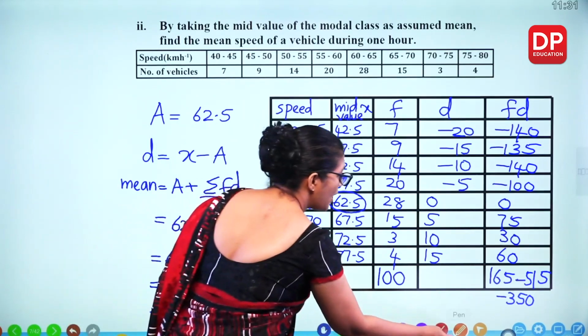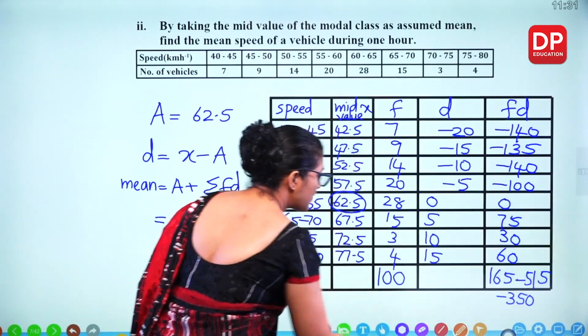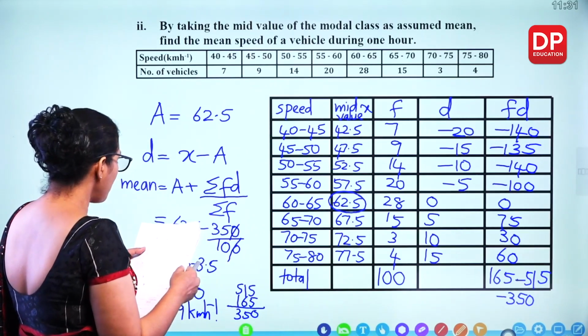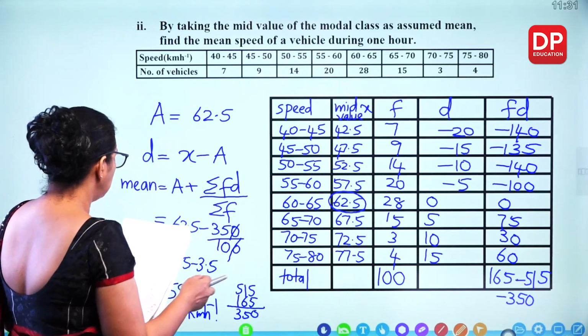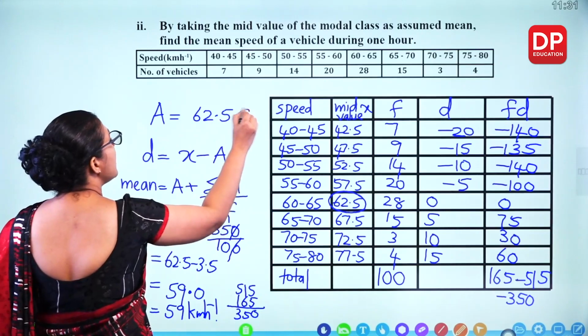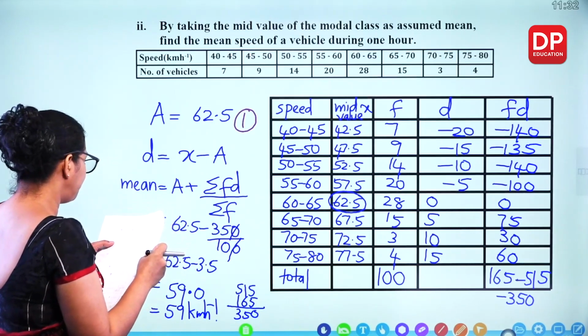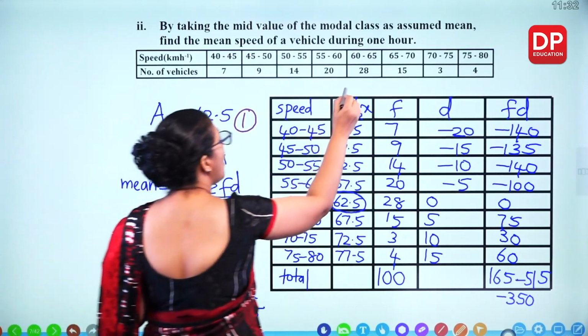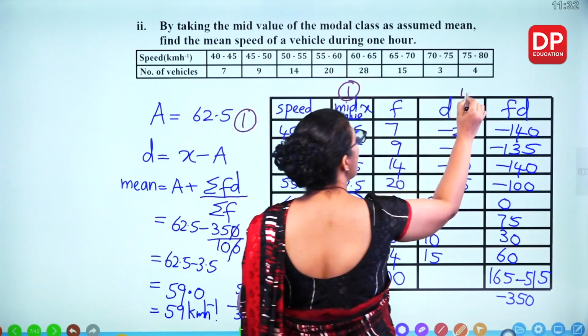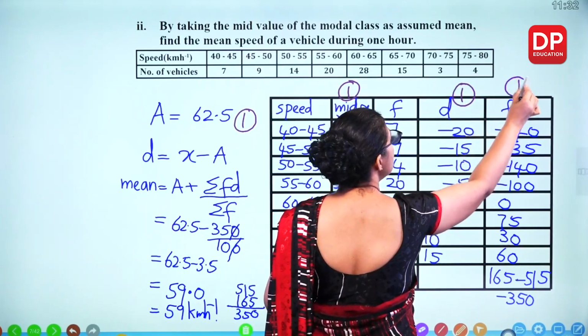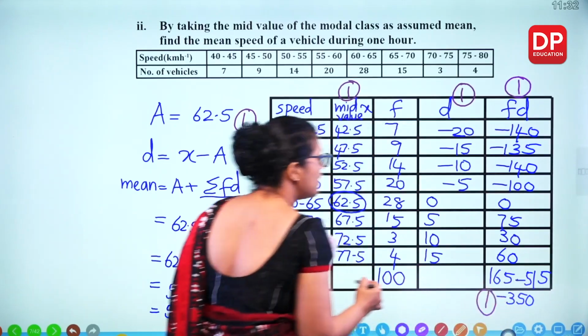Now we'll see how you get marks for this part. You are getting 1 mark for taking the assumed mean and 1 mark for mid value, 1 mark for deviation, FD 1 mark and the total 1 mark.